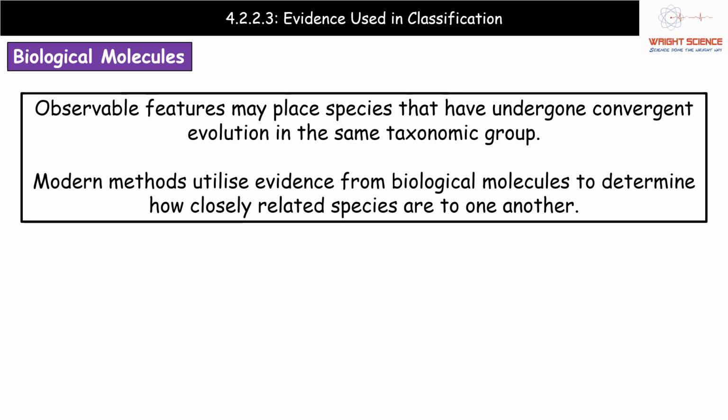So when we're now looking to classify organisms as being in the same groups as one another, we tend to use more of these modern techniques, which are looking at evidence from biological molecules to really drill down to work out how closely related those species are to one another.